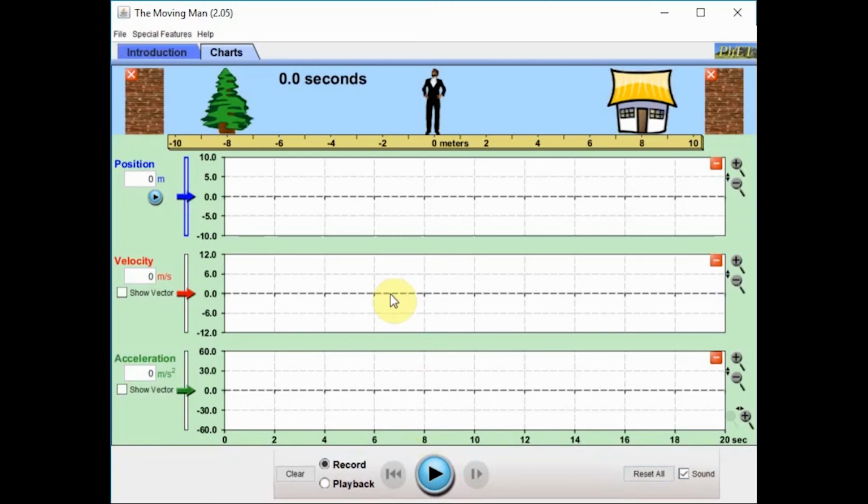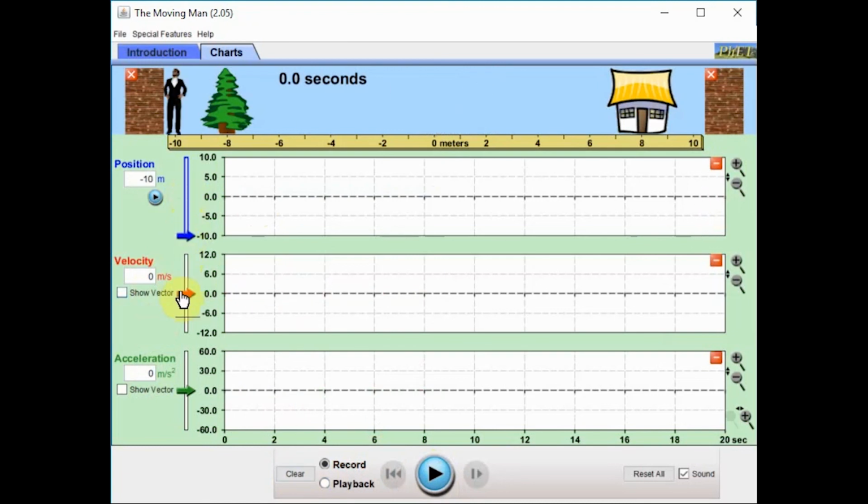We can also look at the moving man charts just to verify these results. So again, if I click play with no velocity and no acceleration, let's set a position somewhere. Well, my position is a horizontal flat line. My velocity and my acceleration are 0 everywhere.